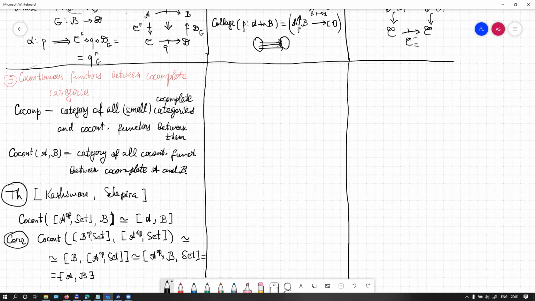So profunctor category can be also viewed as co-continuous functors between pre-sheaf categories, but in opposite order.